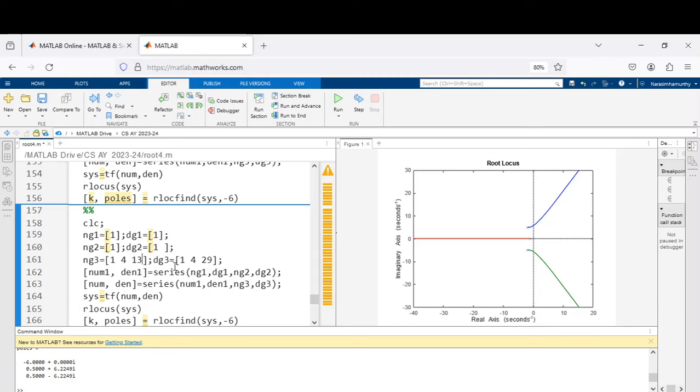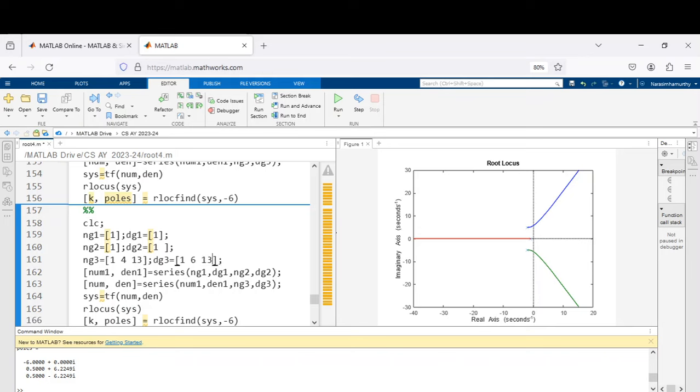And the second one is s square plus 6s plus 9 plus 4, which will be the same 13.